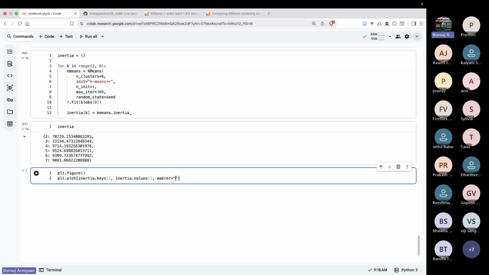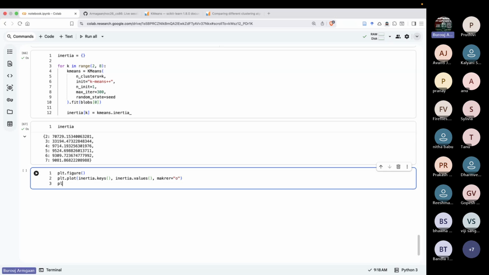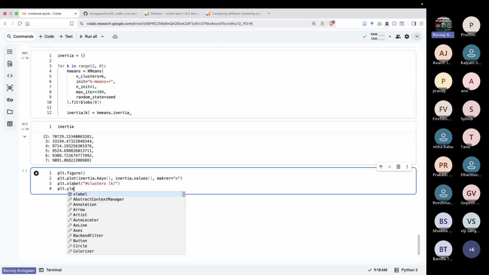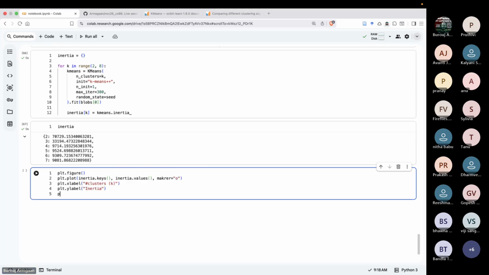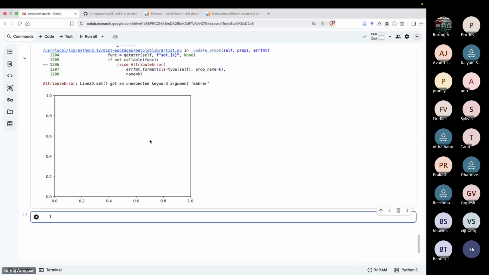We can use a marker, and our X label is the number of clusters, which is K, and our Y label is inertia. We can say plt.show.